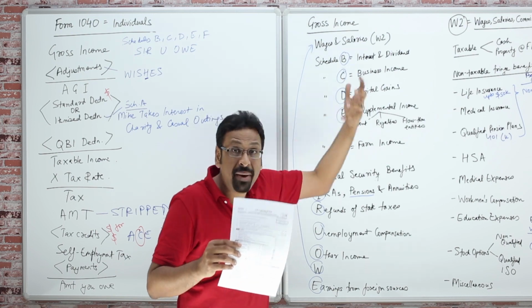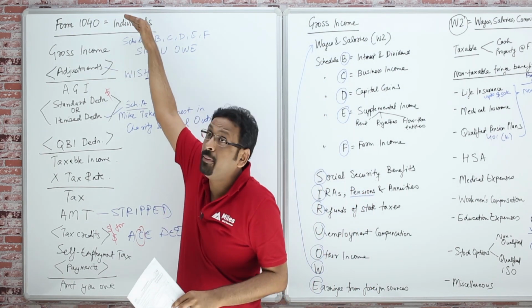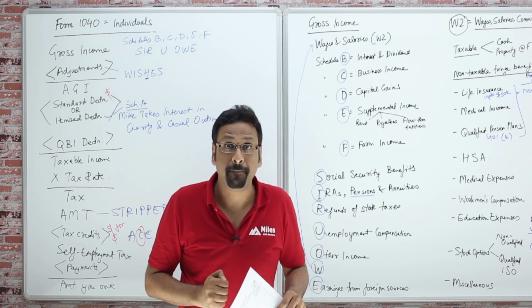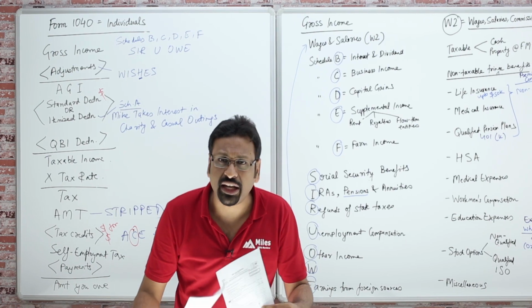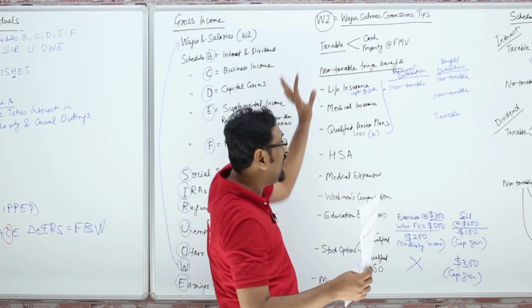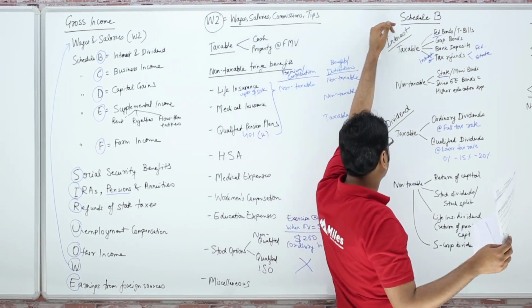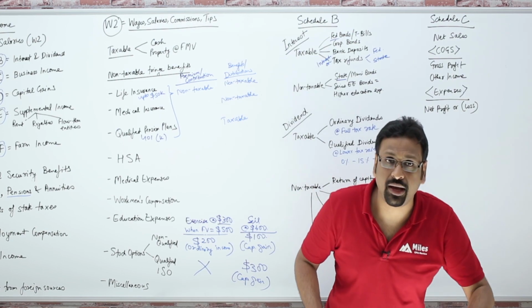And of course, that business income or profit from business will flow into your gross income on your Form 1040. So let's look at Schedule C in a lot of detail on the other side of my board. So we've got wages and salaries out here, we've got Schedule B, interest and dividend. Now we're looking at Schedule C, business income.